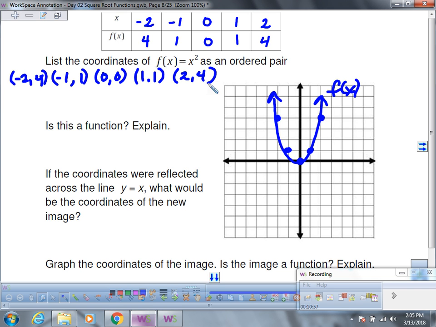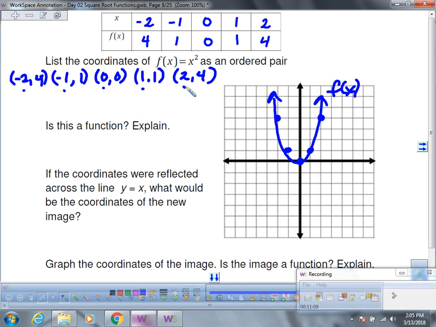Is this a function? I know it's a function just by looking at it. But if I look at my ordered pairs and I look at all my inputs, do I have any repeating inputs? It never repeats, right? Yes. So is the one that's like sideways, is that not a function? Yeah, it's not a function. We're going to talk about that a little bit more.